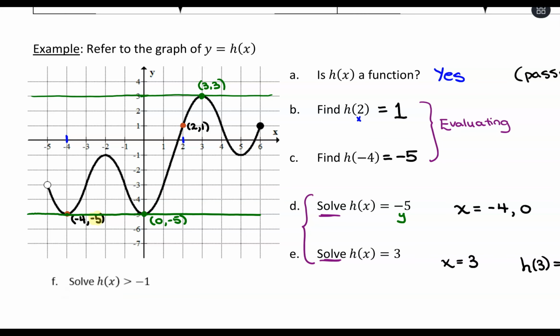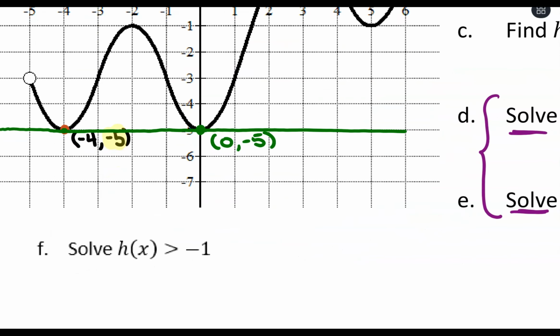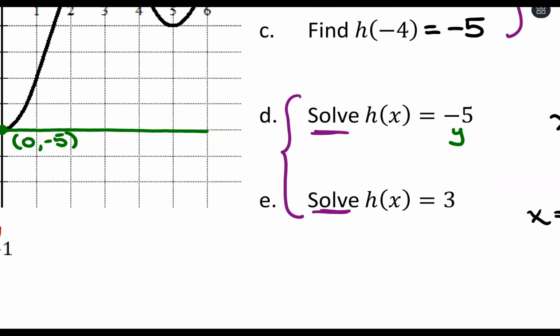With an inequality, and some of the notation we'll use here we'll talk about more in the next video where we go into domain and range. But let's go ahead and talk about how we would solve an inequality. So what this is asking is we want to know where is our function more than -1. And something to note is that this is talking about a y value of -1, just like how we talked about h of x is equal to a y value.